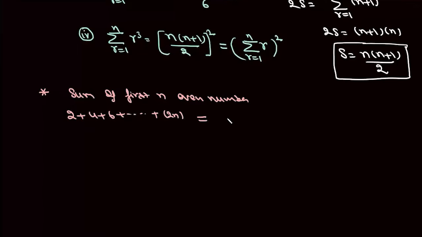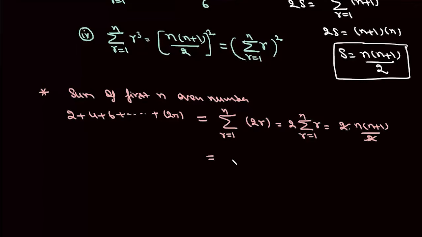Now we can write this as a summation, and any even number can be expressed as 2r. This index starts from 1 and goes up to n. Now we can take this constant out, so it will be 2 into summation r varies from 1 to n of r, and we know the formula for summation r, it is n into n plus 1 by 2. So the sum of first n even numbers will be simply n square plus n.